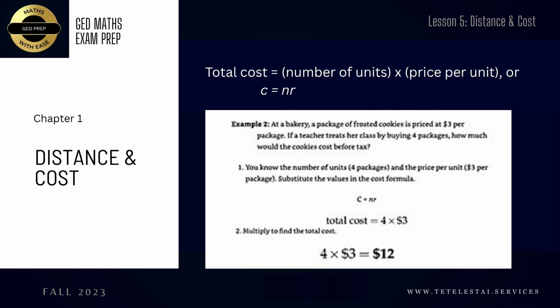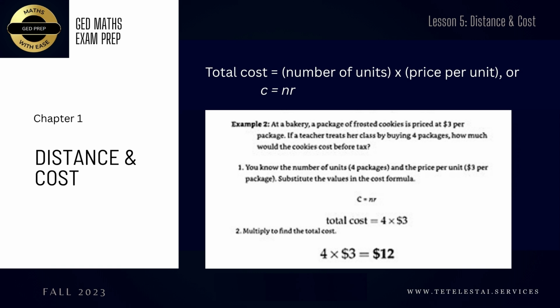So in this case, if each cookie is $5 and you want 10, 5 times 10 is 50, and that's going to be your C here. That's all, guys. Don't get hung up on the symbols here.